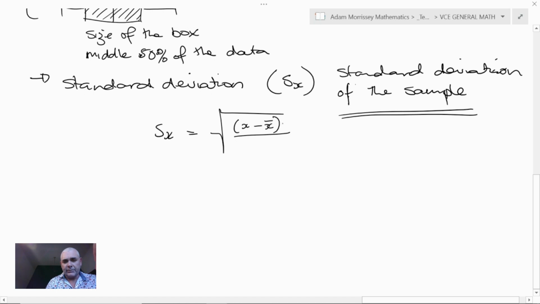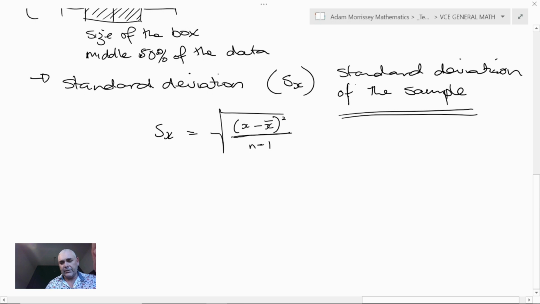That's why I'm using that symbol, and that's why I explain that. Then we square it, and then we find an average of those squares. So we get the size of the sample, so n, and we subtract 1. And so that's why it's always a larger value.